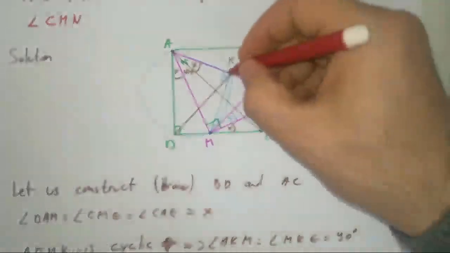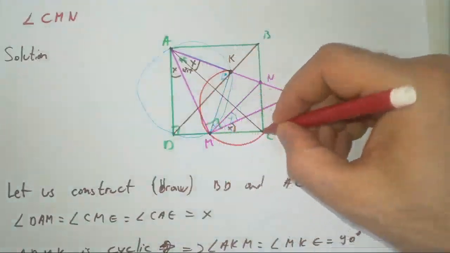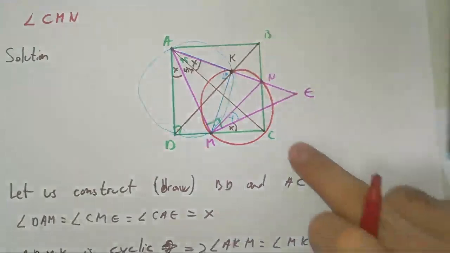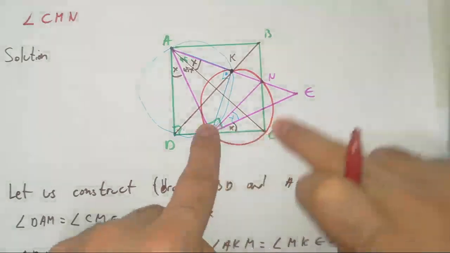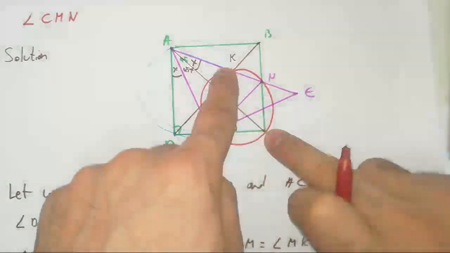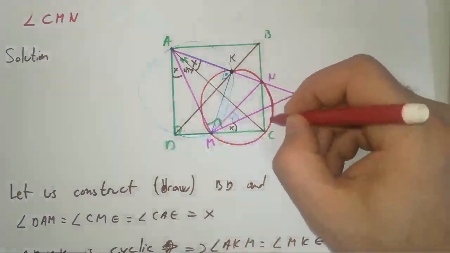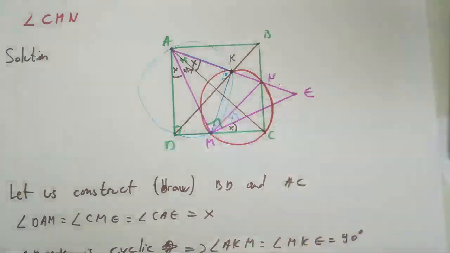I'll draw here one more circle that's passing through those 4 points. How do we know that this angle CMN is equal to the angle CKN? Because it's the angle on top of the same arc here, you see, is the same arc.